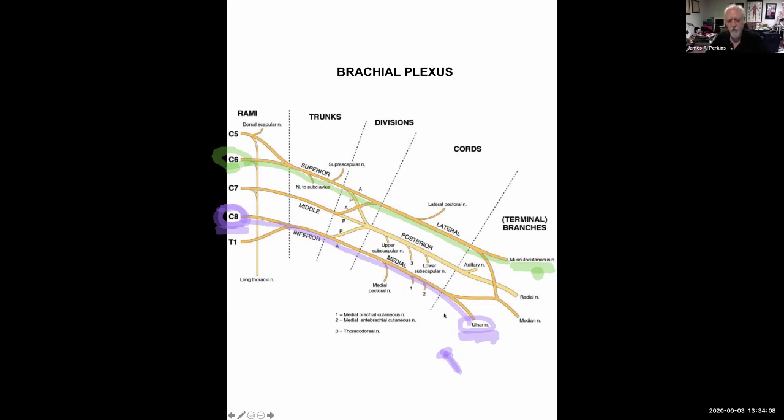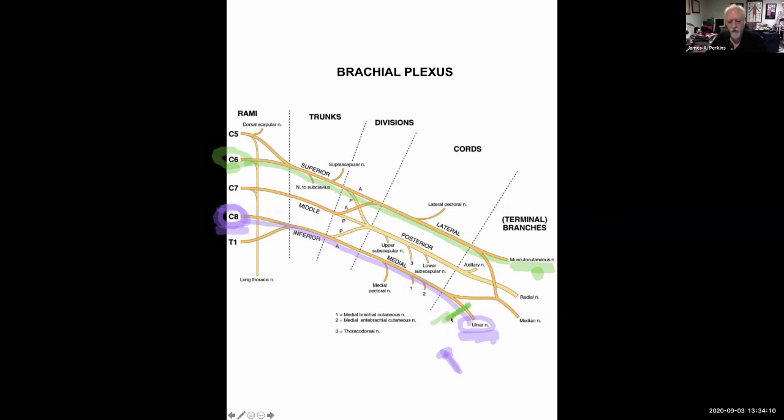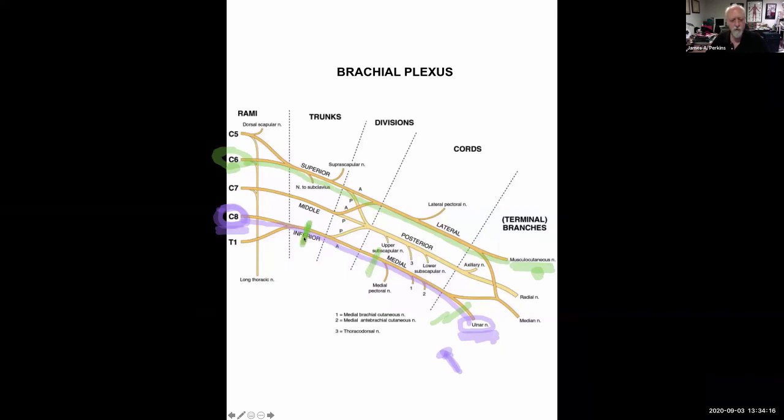That could be the result of an injury to the ulnar nerve itself, to the medial cord, to the inferior trunk, or even to the C8 spinal nerve. An injury anywhere along that path would disrupt the flow of sensory neurons from the skin of your pinky back to the central nervous system.